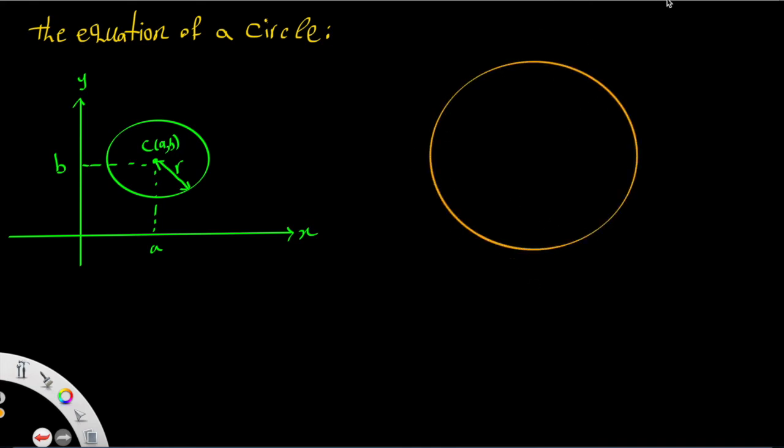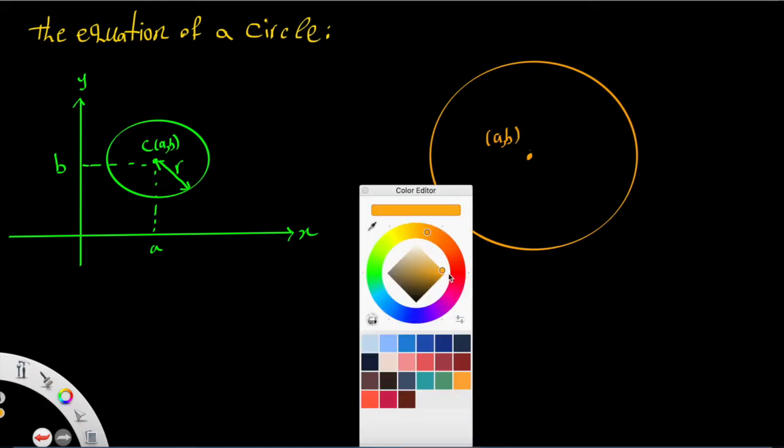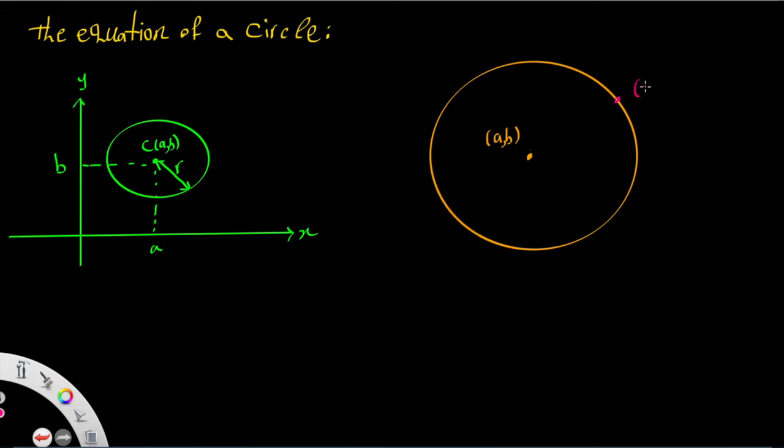The center has coordinates A and B, and there is a general point on the circumference of the circle. Let it be X and Y.